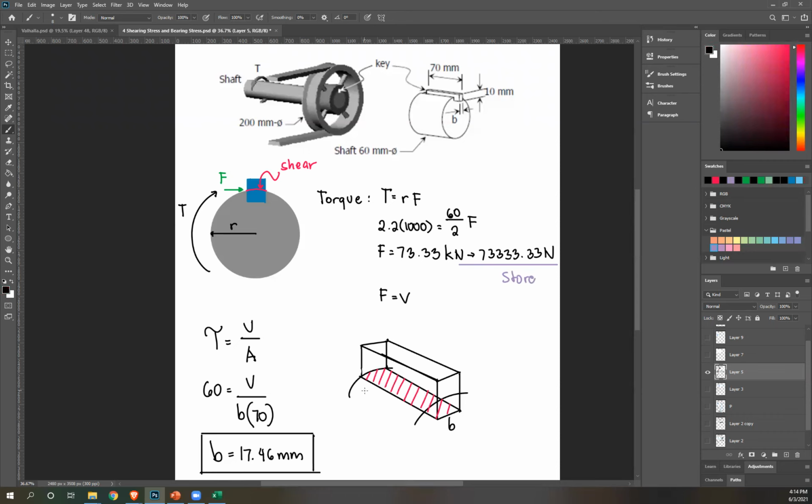This is B. This is 70. Okay. That's why that's the equation.